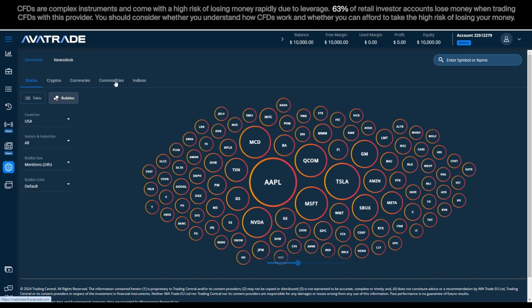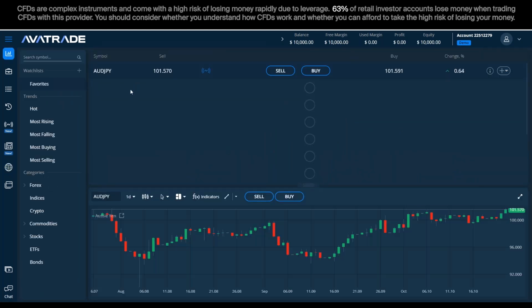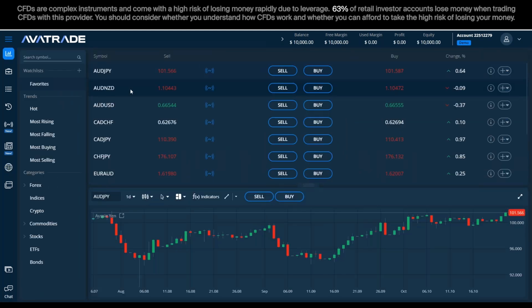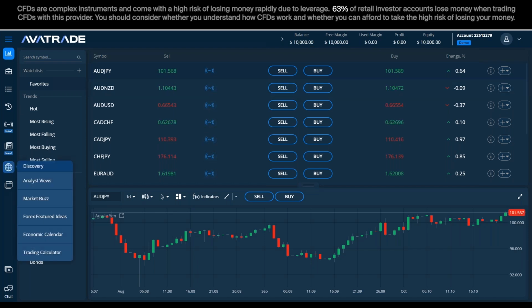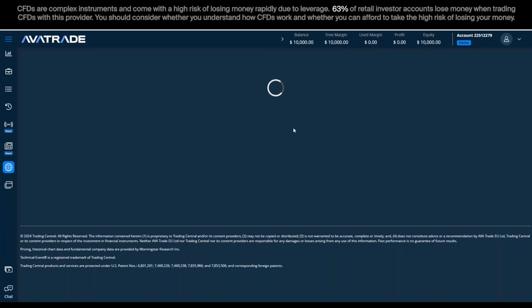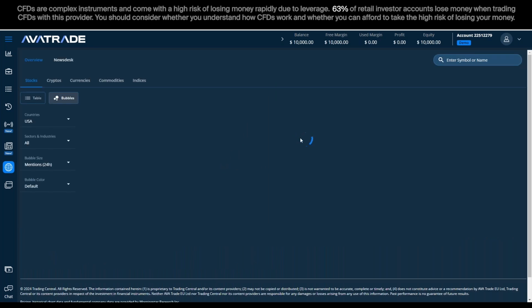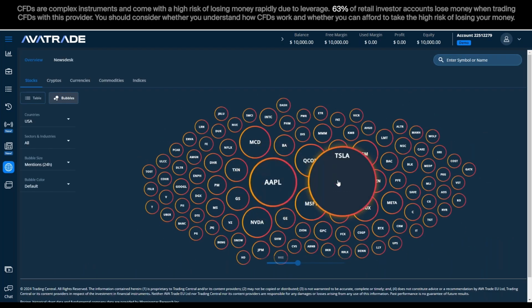Okay, let's see. This section is connected to the articles. Yes, exactly. Like I said, you can pick what you want. It doesn't matter. I took Apple just to show, but it would work with anything else.